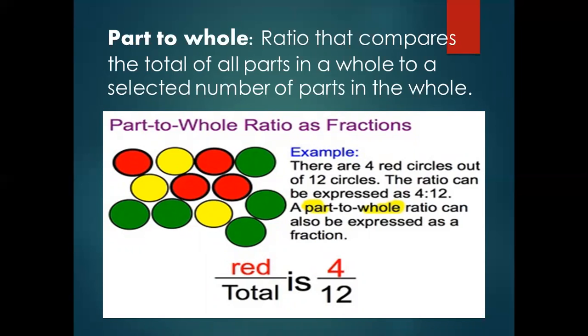But if we are interested in finding only the yellow part ratio with the whole, then this will be equal to 3 by 12, right? And if we are interested in finding the ratio of green circles with the whole, then this will be equal to what? Definitely 5 by 12, right?